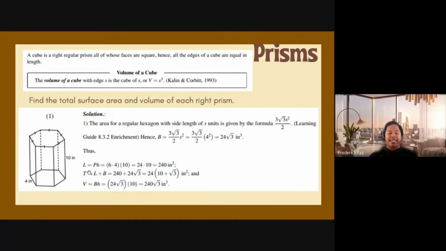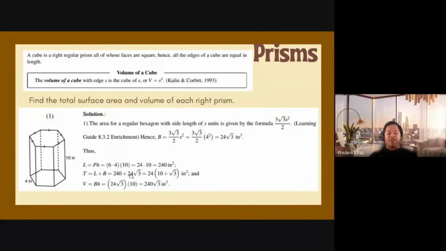For the total area, we have the lateral area plus B. In our given figure, there is only one base because the top is open. 240 is the lateral area, and the base is equal to the area of the hexagon.